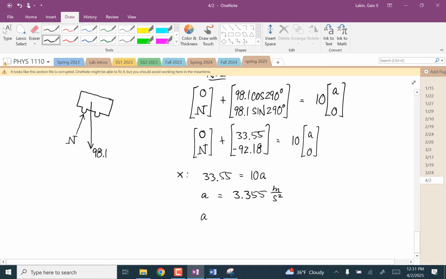So the acceleration vector, now you can plug that value back into this vector, is 3.355, 0. Or another way to write this is 3.355 in the direction of our positive x-axis, which is down the ramp like this.